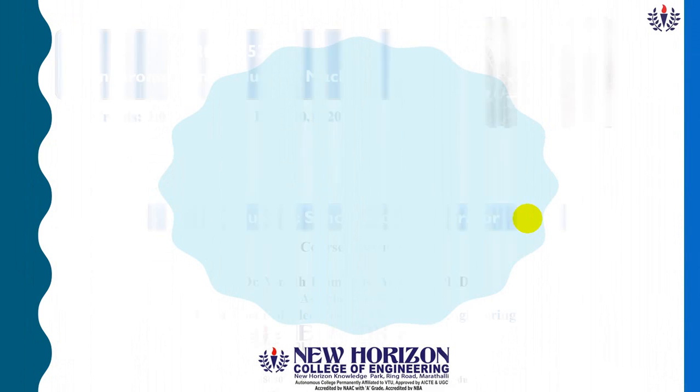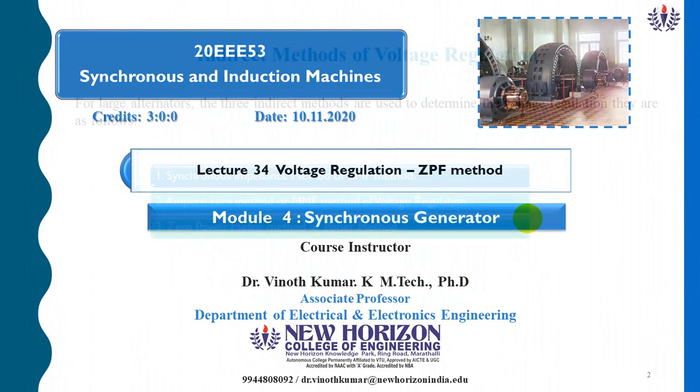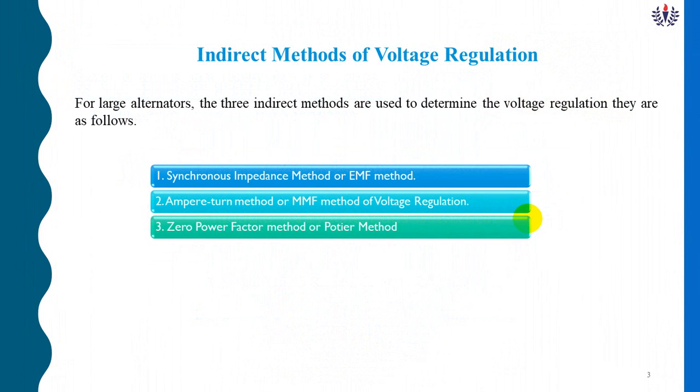So the third method which we are going to discuss now is the ZPF method. I already explained one is the EMF method, another one is the MMF method, and the third one is the ZPF method. EMF is nothing but the electromotive force method, whose other name is the synchronous impedance method.